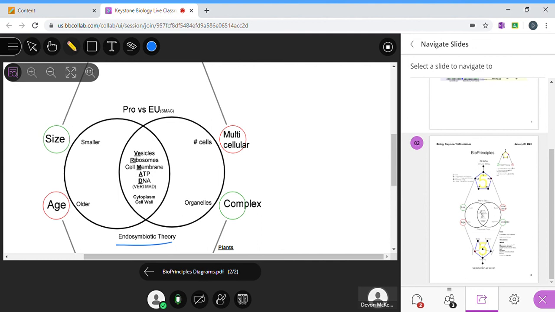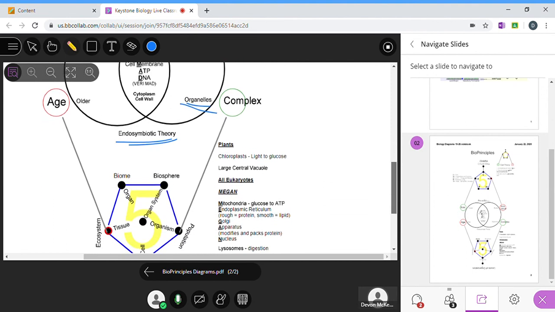And over 1 billion years, the little prokaryote became more and more specialized, but also more and more dependent on the big one, to the point where it became a membrane-bound structure with highly specific function. You see, endosymbiotic theory explains how we developed organelles. Endosymbiotic theory explains how prokaryotes evolved into eukaryotes.